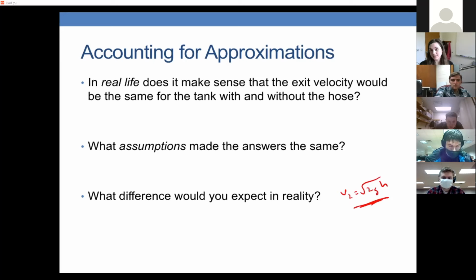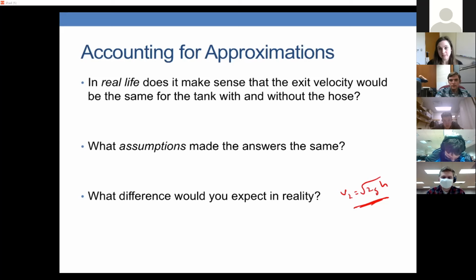Seth Tracy says lower. Do people agree? Yeah. Yes. Okay. All right. So, Seth, why do you think the velocity would be lower? In the real world, there would be friction. And why would that make the velocity lower instead of higher? Because we would be losing energy.